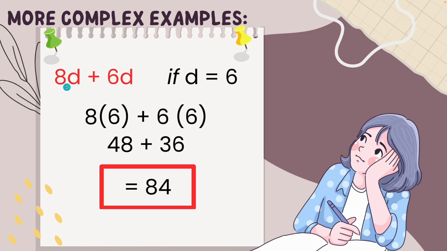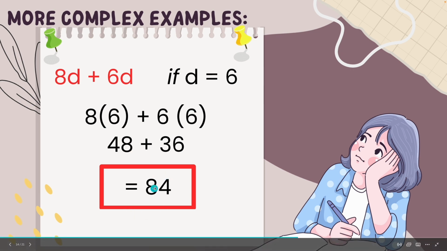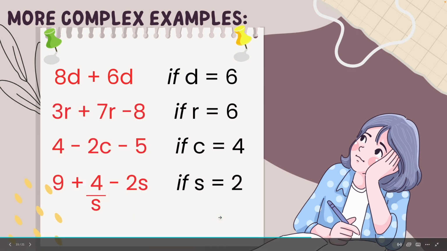So that will be 8 times 6 plus 6 times 6. Following the PEMDAS rule, we have to first multiply. So let's multiply 8 and 6, that is 48. Then 6 and 6, which is 36. Then let's add 48 plus 36 equals 84. Good job.